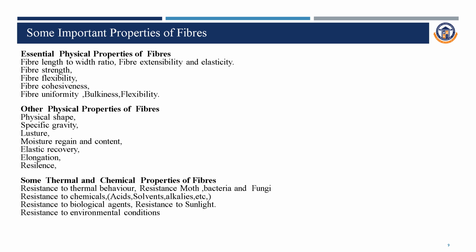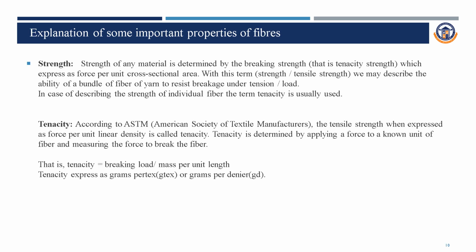Other physical properties of fiber are physical shape, specific gravity, luster, moisture regain, moisture content, elastic recovery, elongation, and resilience. Some thermal and chemical properties of fiber: resistance to thermal behavior, resistance to moth, bacteria and fungi, resistance to chemicals, acid, solvent and alkali, resistance to biological agents, resistance to sunlight, and resistance to environmental condition.